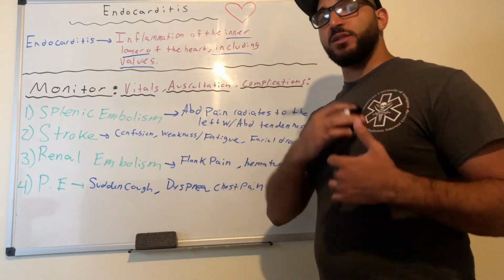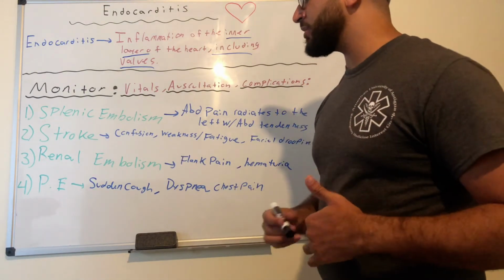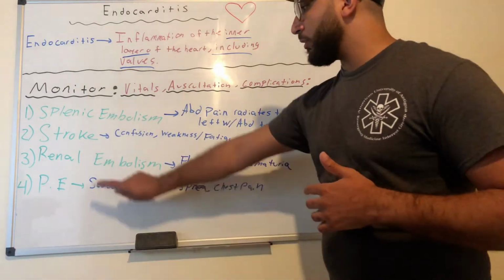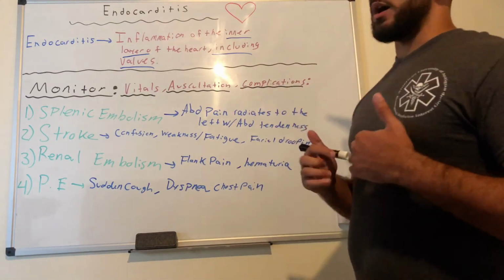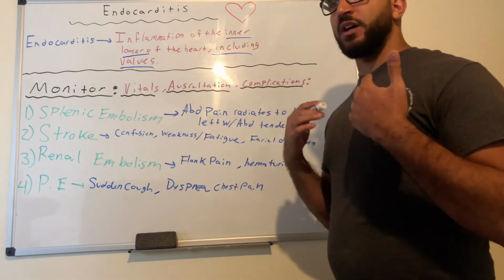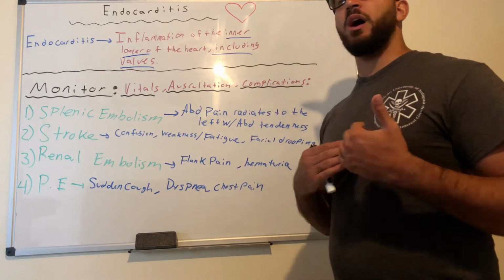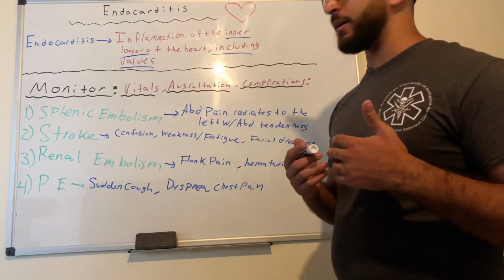If the vegetation was on the left side of the heart, we're worried about systemic circulations, which include splenic embolisms, stroke, and renal embolisms. For example, splenic embolisms, if a patient complains of sudden abdominal pain that radiates to the left, and when you palpate their abdominal area is very tender, that's something to keep in mind.